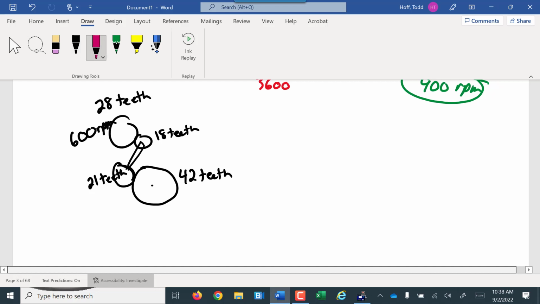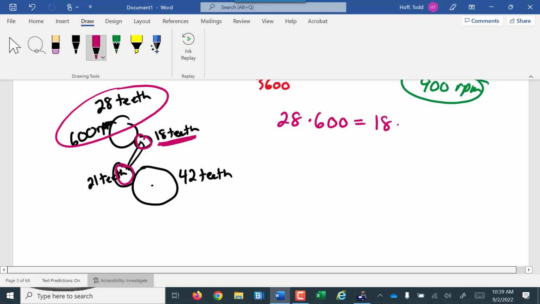So what's going on here is these two gears in the middle don't connect to both of the other gears. They're connected to each other by a shaft. And that changes things. So we have to find the RPM of this gear. We'll start out with the 28 teeth at 600 RPM. So 28 times 600 equals 18 teeth times that RPM.